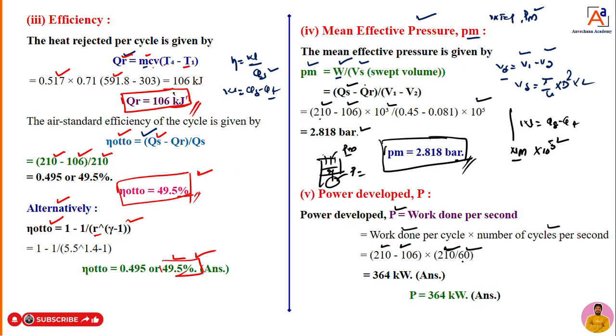That's what I'm converting here, dividing by 60. Hence you will get joules per second, which is nothing but watt. So you are going to get 364 kilowatt. Therefore the final answer: the power developed by the engine is 364 kilowatt.